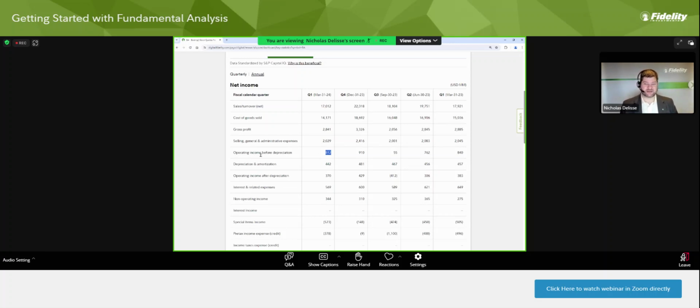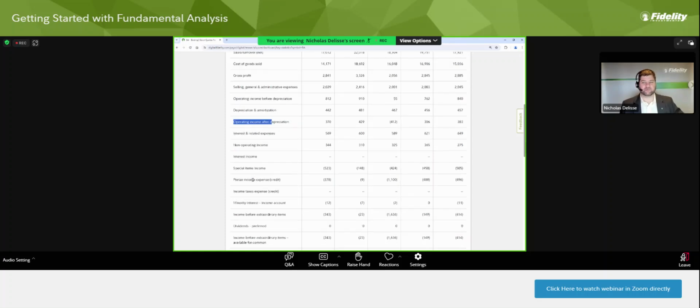So this is your EBITDA here, because this is before depreciation and amortization. So OI, EBITDA on here. Then after depreciation and amortization, here's your operating income after, your EBIT, because it's before interest and taxes.